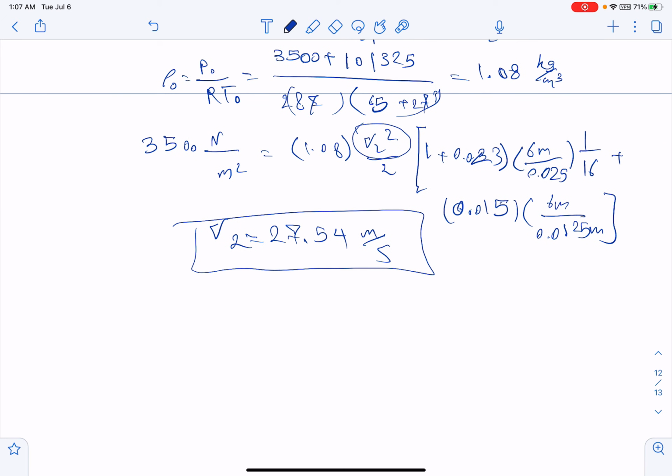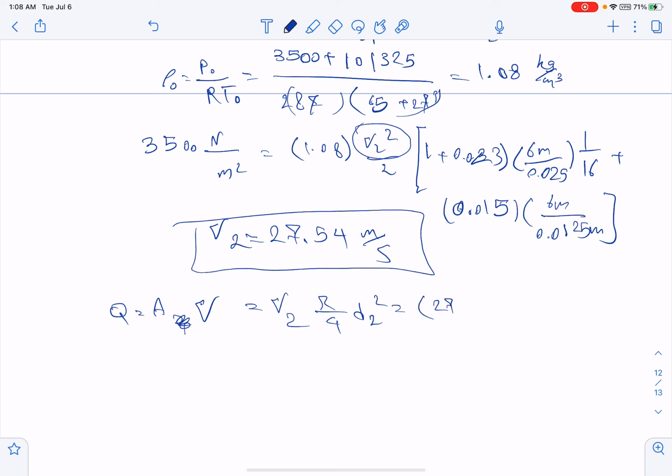Now for calculating the volumetric flow rate, you know that Q is equal to A times V. Let's use A2 and V2, and for A, we know that it's pi over 4 times D2 squared.